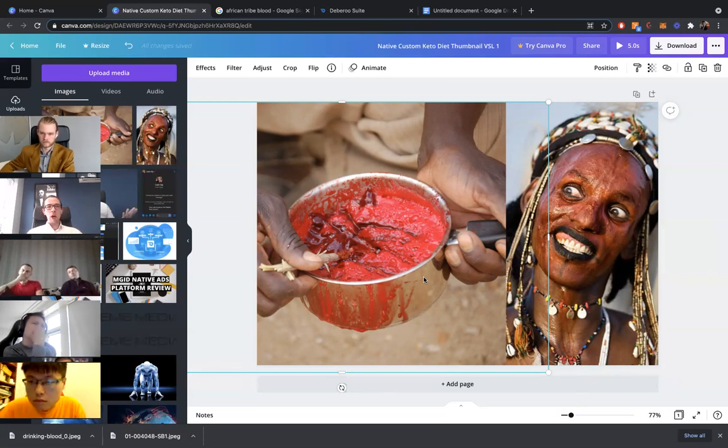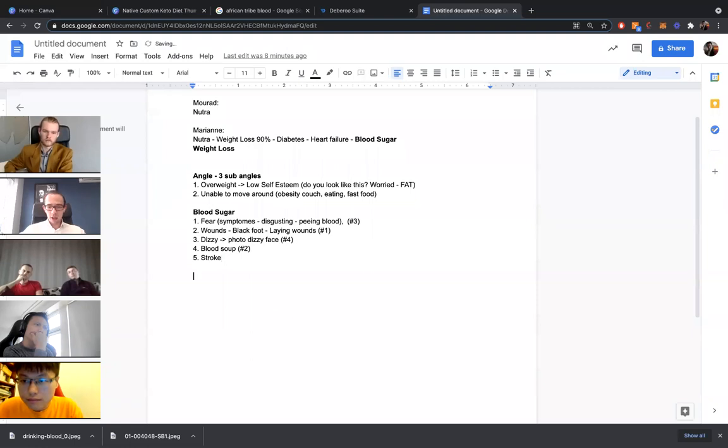This is an example of where the copy drives the click and the image only drags attention. So when we write some copy with this image, it would be something like this.